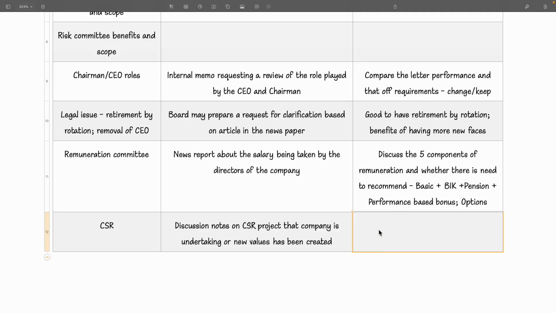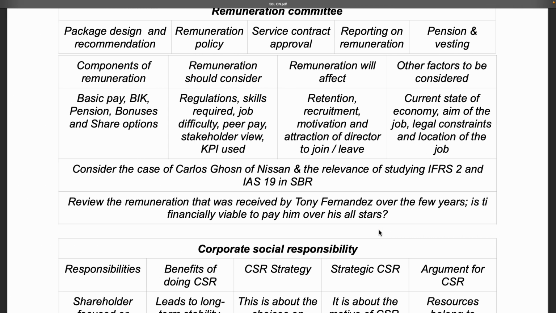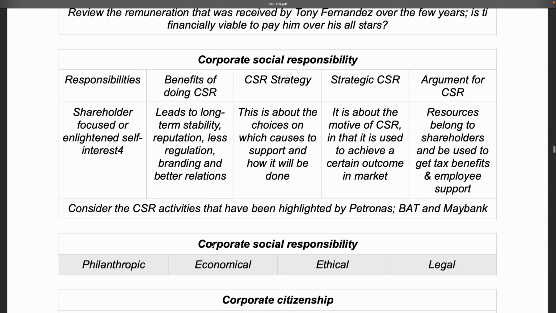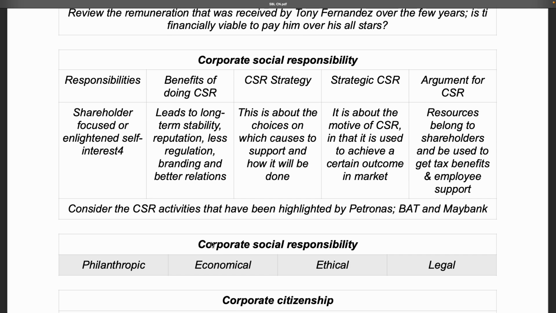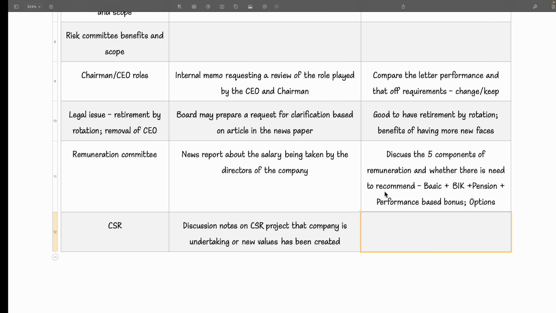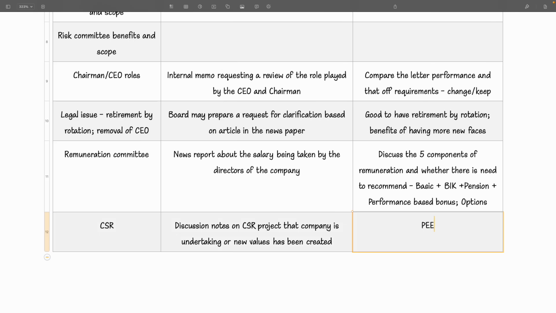Here, when you talk about CSR, the outcome about CSR is a bit tricky based on the exam question. In fact, this one you just have general knowledge only. You can't do much with this. The examiner doesn't test this specifically. However, this PEEL might be a useful model for you to think about. PEEL.